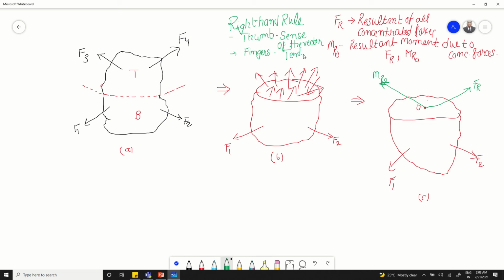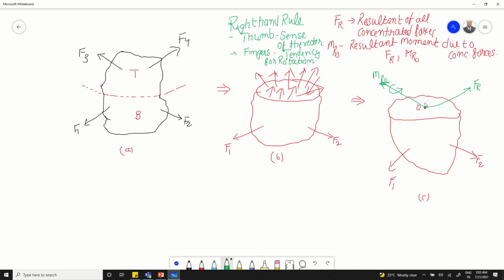By the right hand rule, it will act in an anti-clockwise sense.